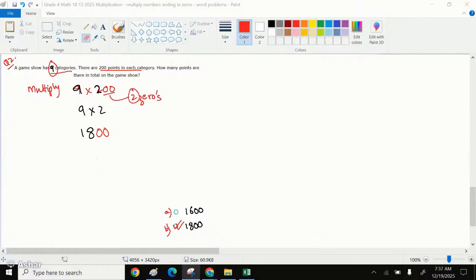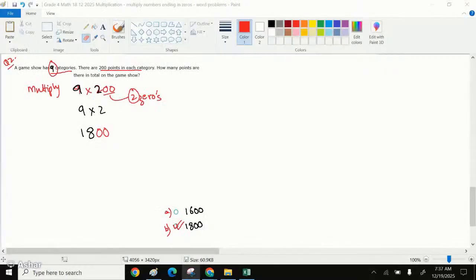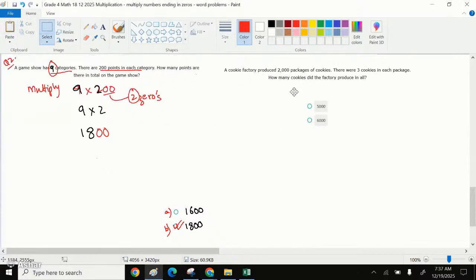A factory produces 2,000 packets of cookies, and there are 3 cookies in each packet. These are the two options we have. Question number 3.